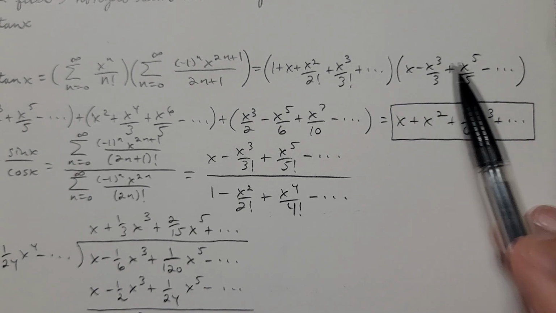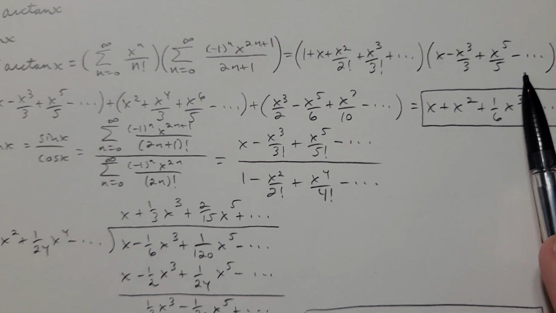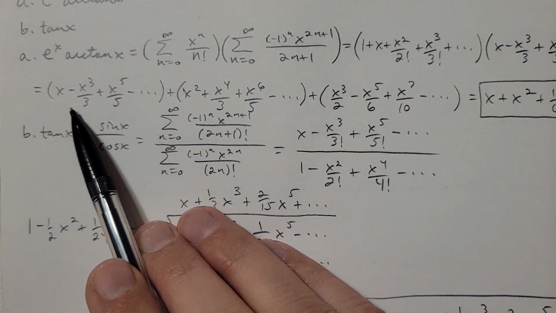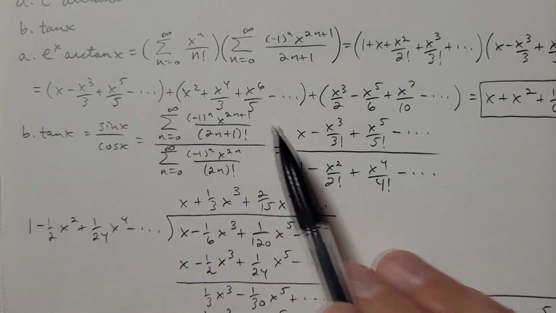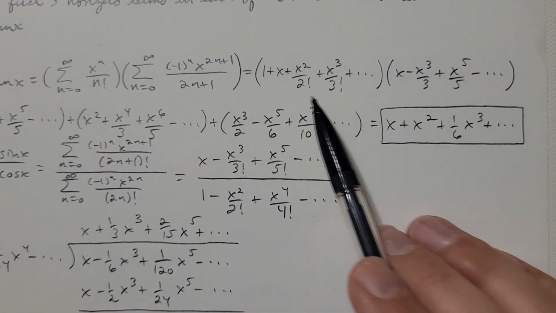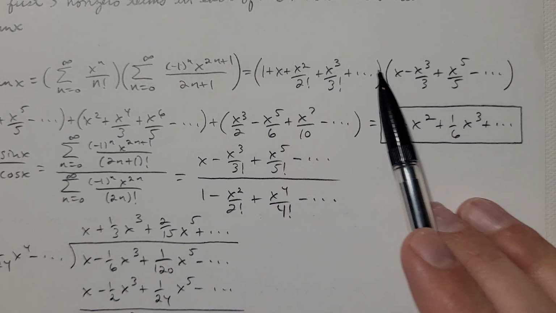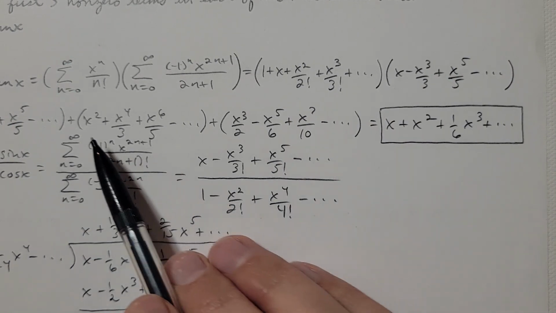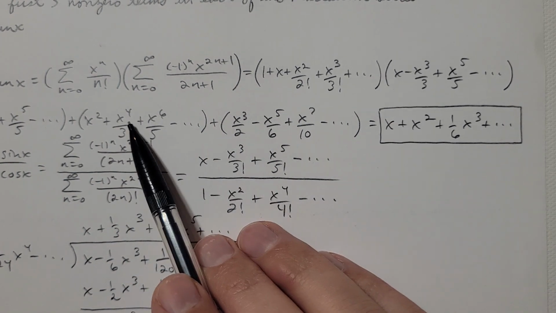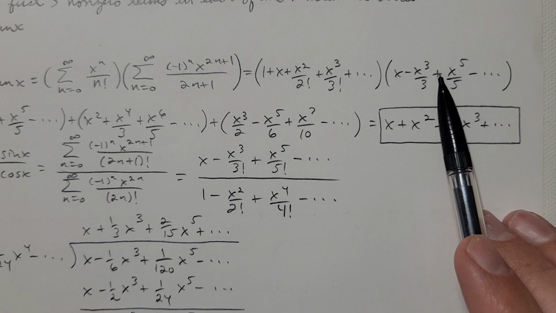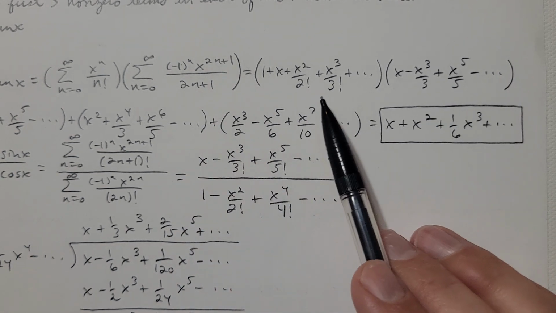So let me begin doing that. 1 times all that would be x minus x cubed divided by 3 plus x to the fifth divided by 5 minus etc. Plus when I distribute x into all infinitely many of these terms, I'm going to have x squared plus x to the fourth over 3 plus x to the sixth over 5 minus etc.